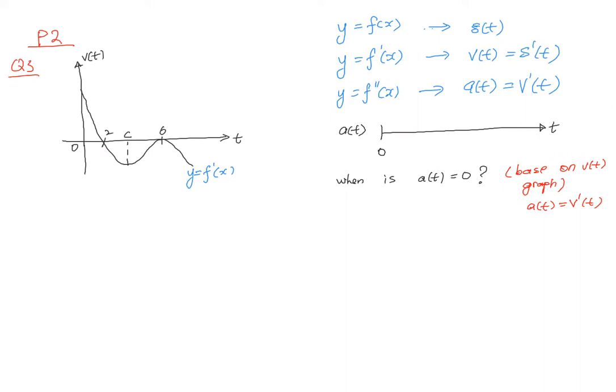What must you look for? Stationary point of v(t) graph. I must look for stationary points of the v(t) graph, because at the stationary point of the v(t) graph, v prime t is equal to 0, which is my a(t). You see how you relate?